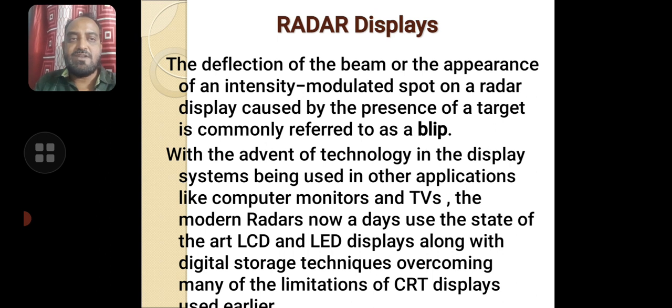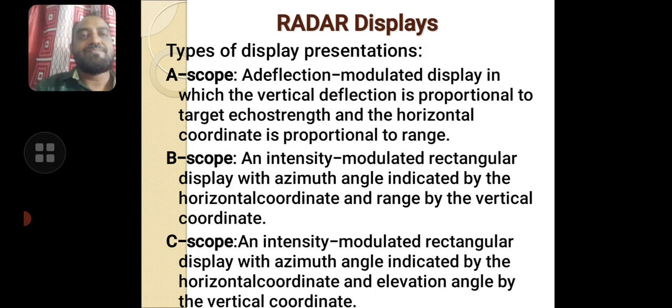With the advent of technology in display systems used in other applications like computer monitors and TVs, in modern radars nowadays we use state-of-the-art LCD or LED displays along with digital storage techniques, overcoming many limitations which were faced by CRTs. It is a very advanced one.